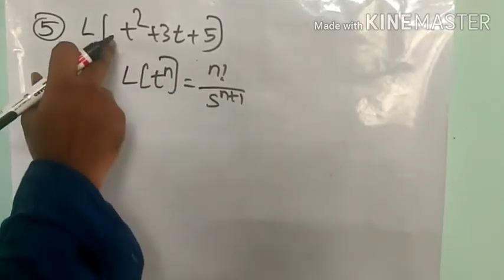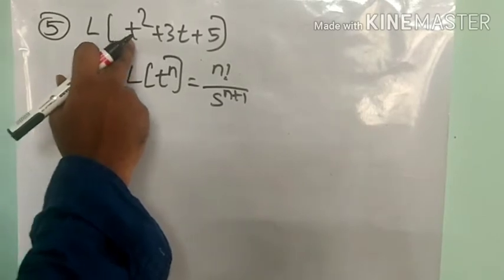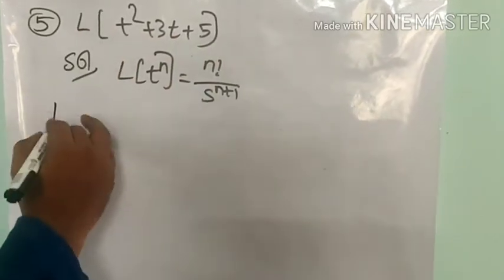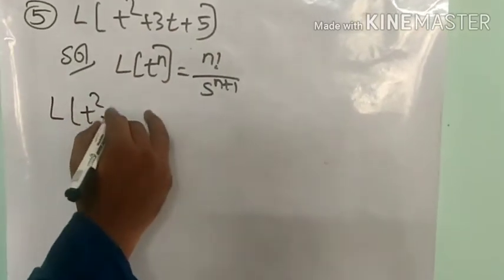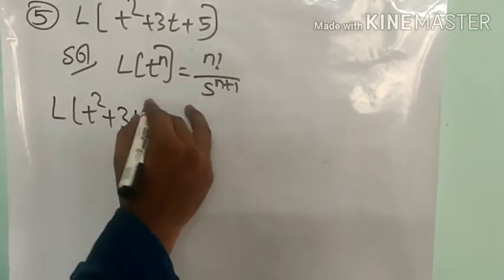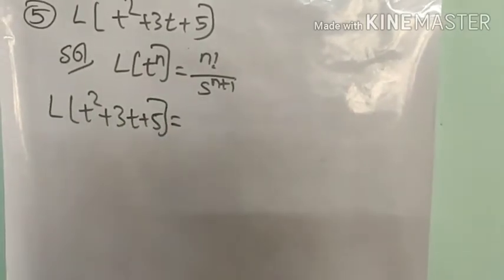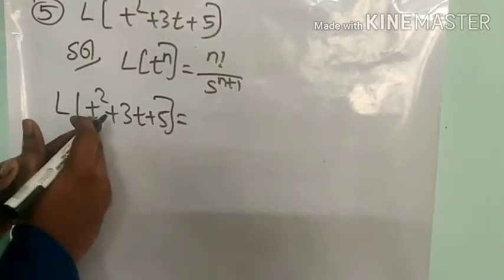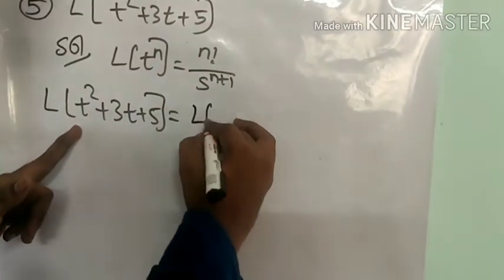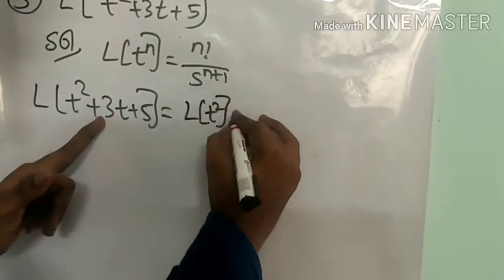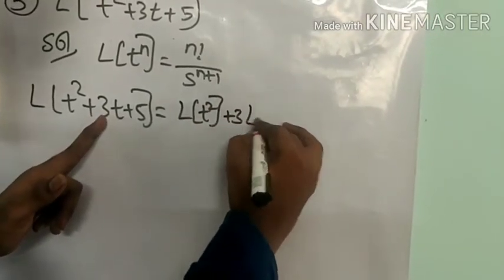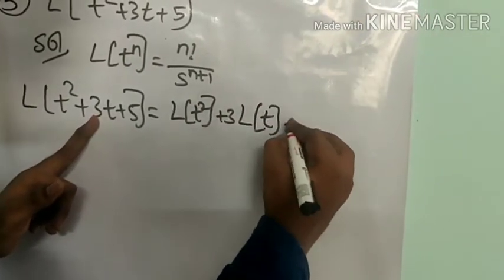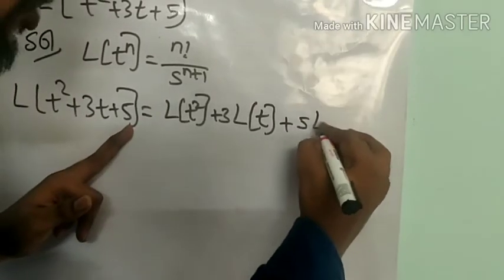Now, how many terms are here? Three terms. In the given problem you write Laplace of t square plus 3t plus 5. We can split this by the linear property, each term separately. That is Laplace of t square, and the 3 you take out, remaining is Laplace of t, and the 5 you take out, balance 1, so Laplace of 1.